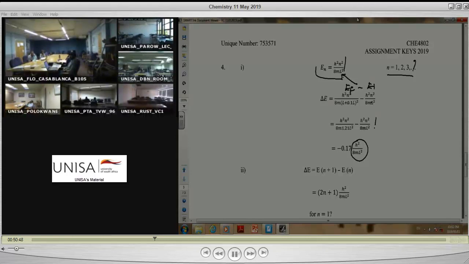So further, the next question says, calculate the percentage change in the difference between the lowest and the adjacent upper level when the mass of the particle is increased.